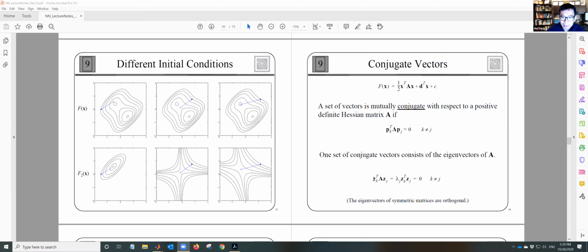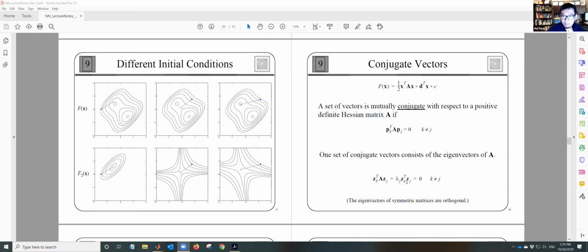And if we have a set of conjugate vectors, it can consist of all the eigenvectors. You see, this is our eigenvector, because for an eigenvector, Ax equals lambda x. So A zj equals lambda j zj. This becomes lambda j because it's a scalar, so you can take it to the front. And they are orthogonal to each other.